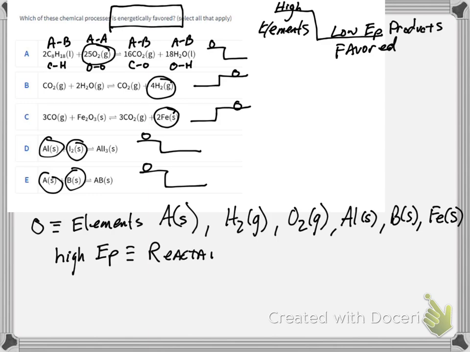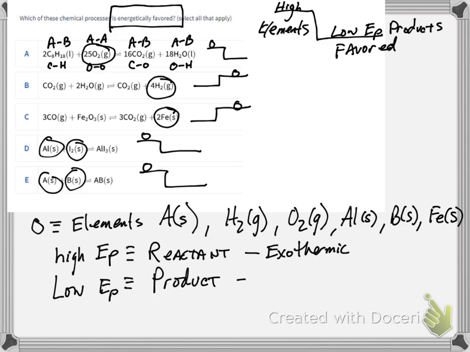If they're reactants, then we know we have an exothermic reaction because we will be in the high-to-low model for exothermic. If the high potential energy is a product, then we are working with the endothermic model.